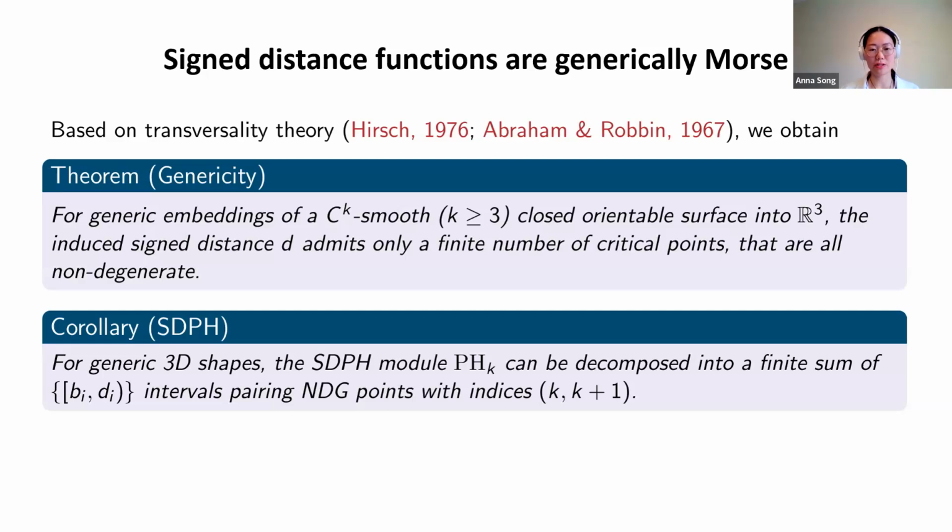This is a very strong result because it states that essentially, in terms of applications, for nearly any 3D shape, any binary object you want to analyze, the signed distance persistent homology module can be decomposed into a finite sum of birth-death intervals. Furthermore, you actually know which types of points these birth-deaths correspond to, thanks to the Morse theory. And to show that genericity result, we resort to transversality theory.